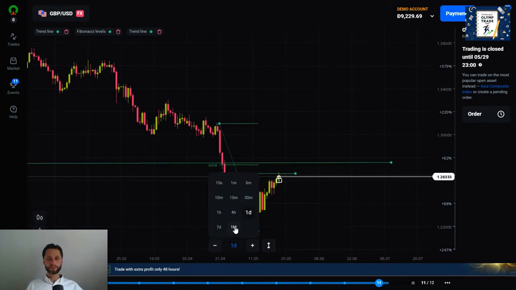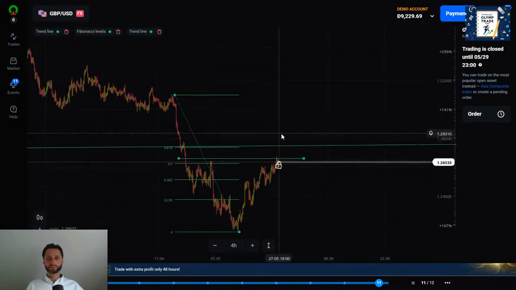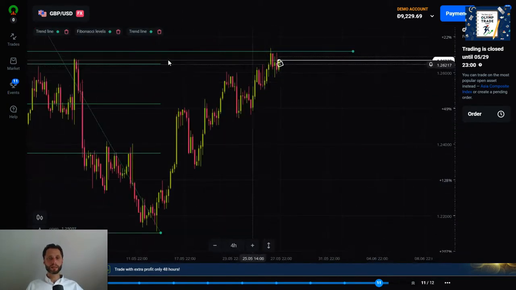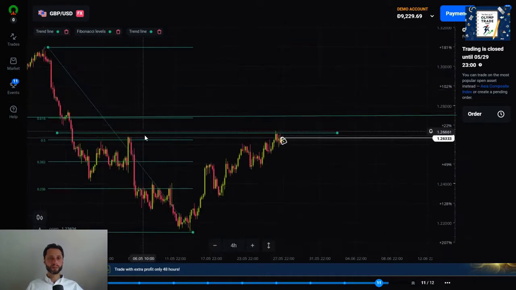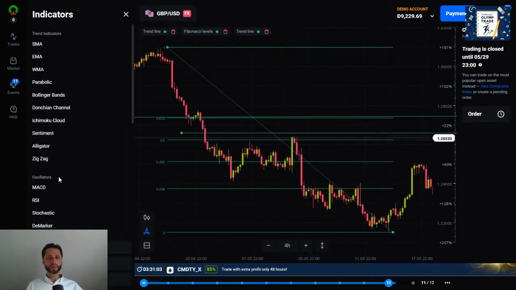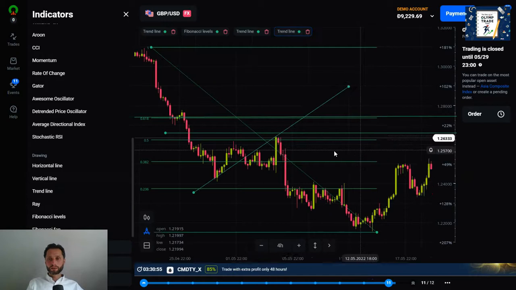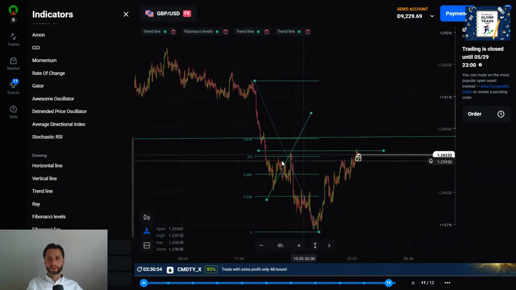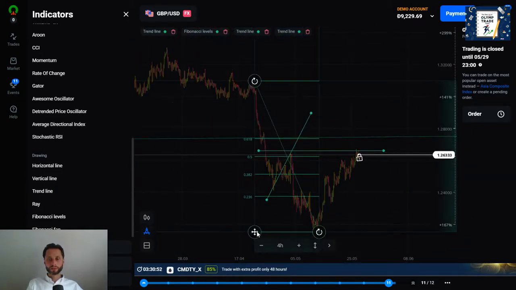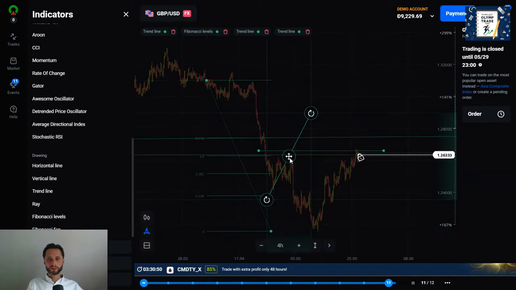So if I go down a time frame, let me go to the 4-hour now, and I can see that the market is hesitating around this 50% level and around this level right here. Now I'm seeing two possible scenarios here. Let me just move this Fibonacci to the side.